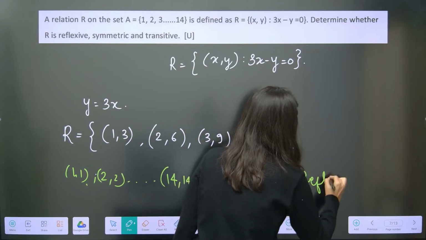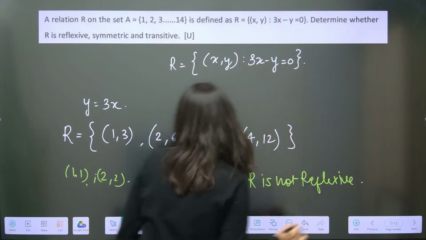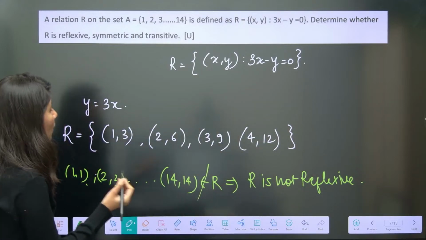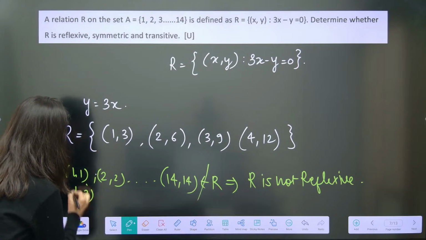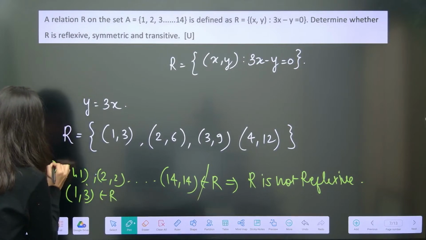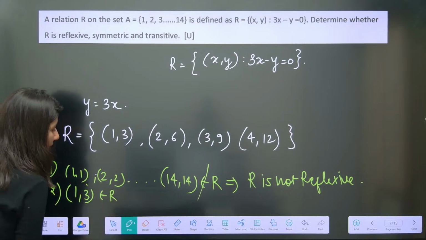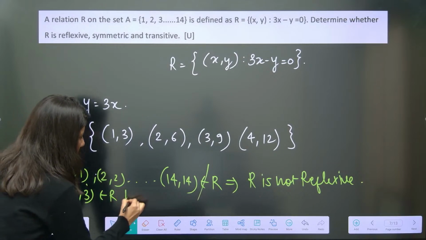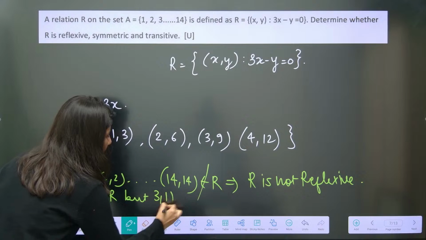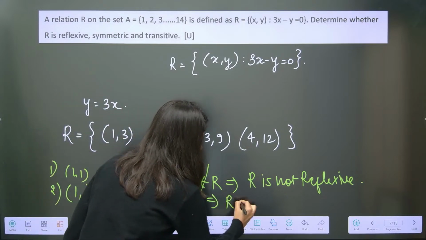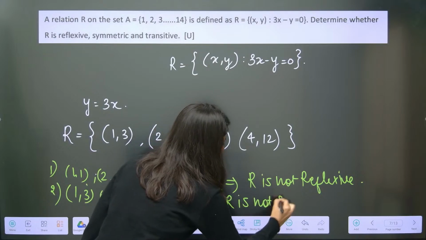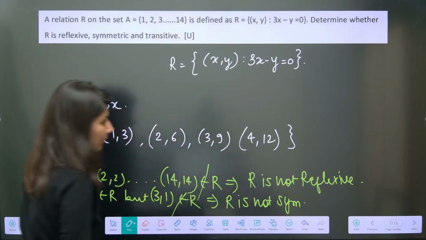Now, what about symmetric? 1 comma 3 belongs to relation R, but 3 comma 1 does not belong to R. This implies that R is not symmetric as well.